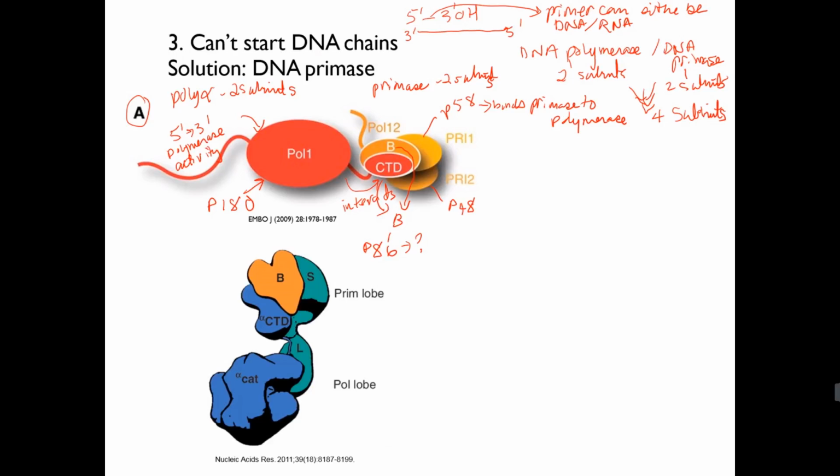And then the P48 is the primase activity. So it has the primase activity. And the primase activity is simply a DNA-dependent RNA polymerase.